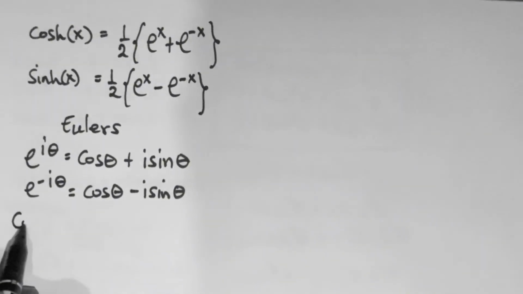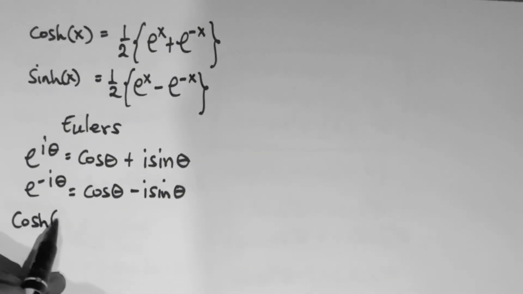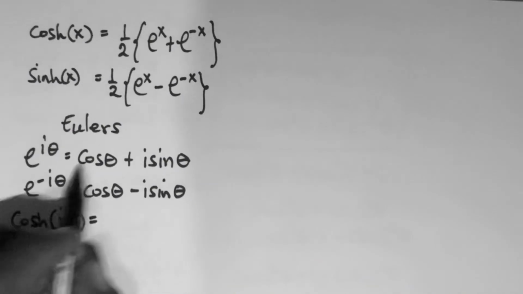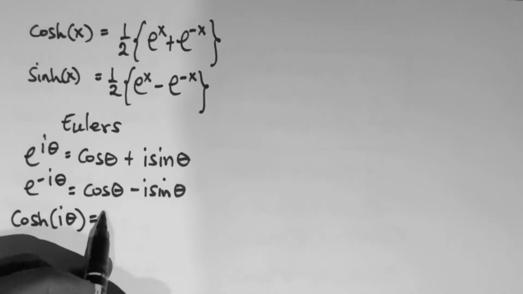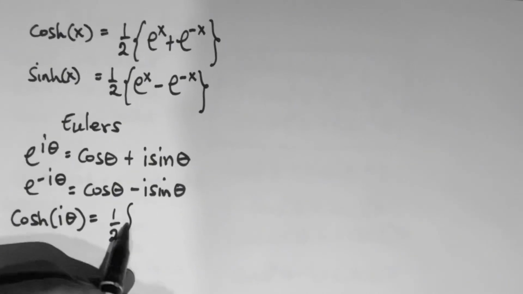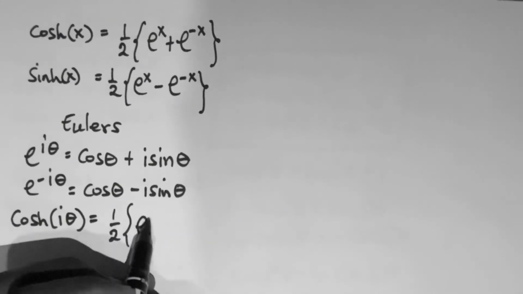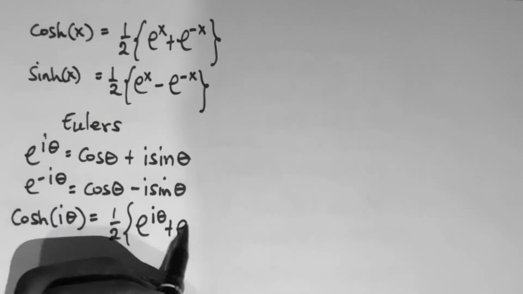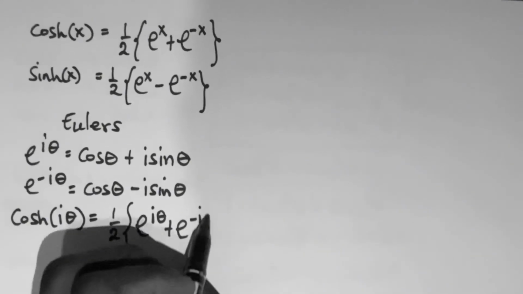So now if we have hyperbolic cosine i theta, what will we get? Using this definition, that is equal to half, bracket open, exponent i theta plus exponent minus i theta.